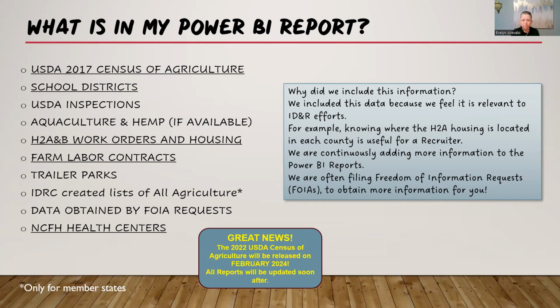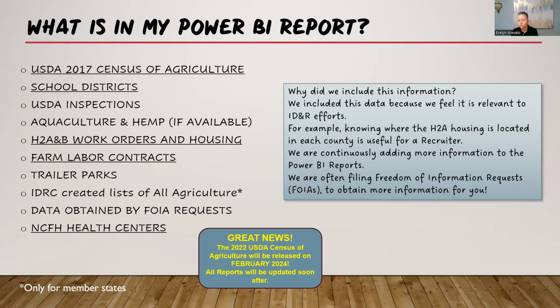We included the school districts, the USDA inspections, and that includes the poultry and egg inspections, aquaculture and hemp, if we can find anything for each state, for each of our member states, the H2A and H2B work orders and housing, the farm labor contracts, the listing of all the trailer parks, and the IDRC created list of agriculture. So those lists were some lists that we created for every member state, and the new member states will have their own, and we are working on that as well.